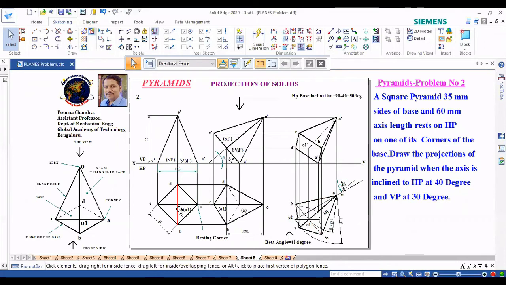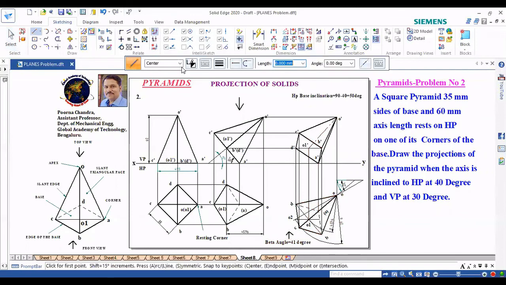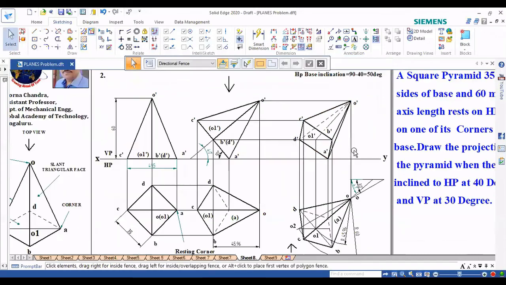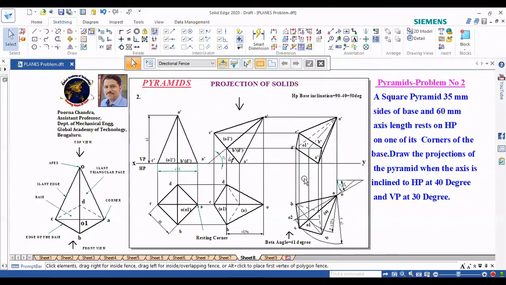Since the base is visible, I have joined base ABCD first. Next, if you watch carefully, OB is visible, OC is visible, but OD is far away from the observer. So that OD is not visible. So I need to draw a hidden line from O and D. Okay. So that will complete the problem.